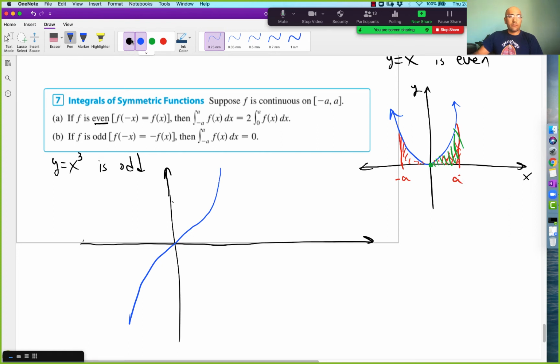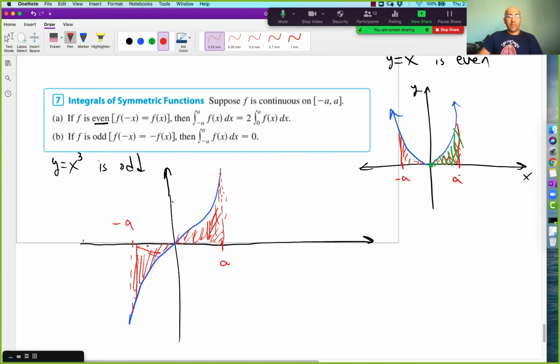Very ugly, but you get the point. Here this is negative a, and here this is a. So here is the area underneath the curvature trapped between the function and the x-axis, and here is this area over here.